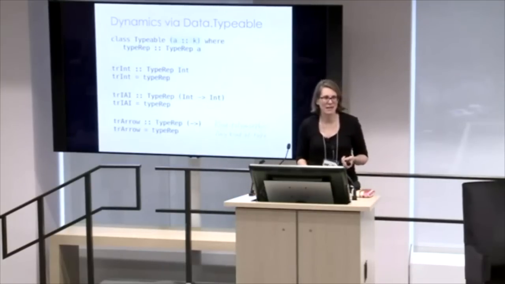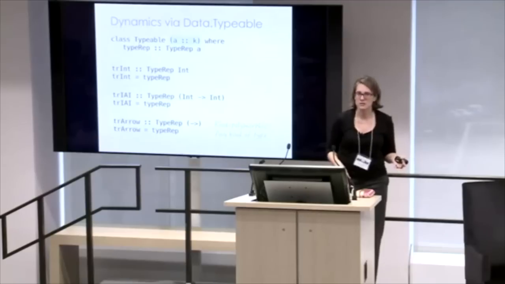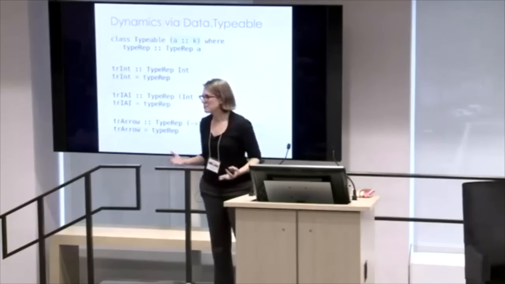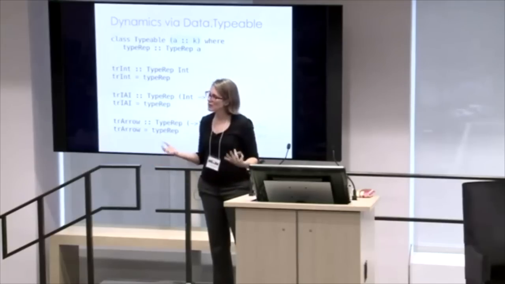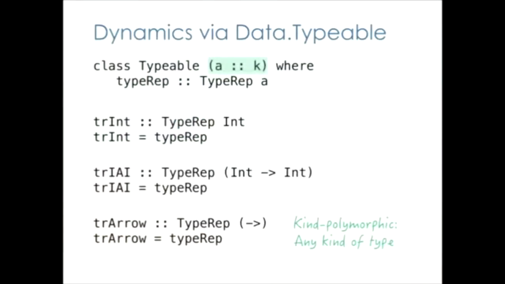What does that mean? In Haskell, there are lots of different kinds of type constructors. We have regular ones like int that have just kind type, but we have parameterized type constructors that take arguments, like list or arrow. Arrow creates the function type if you give it two other types.